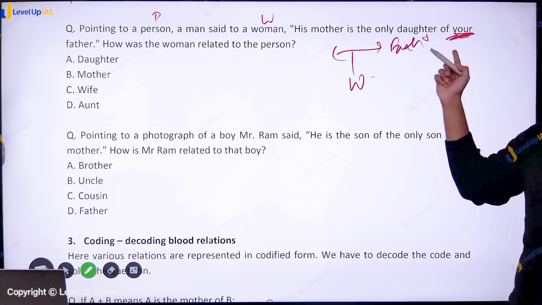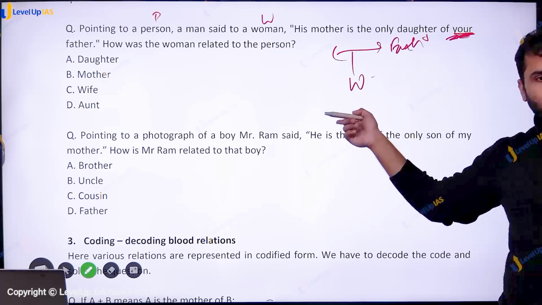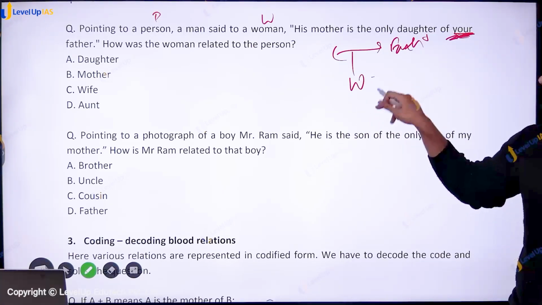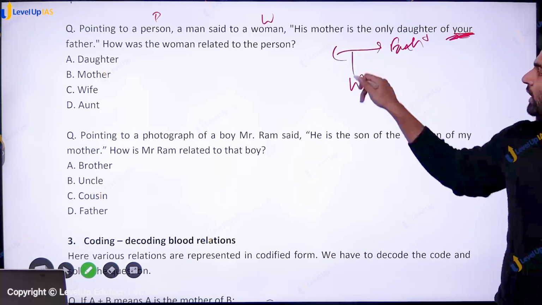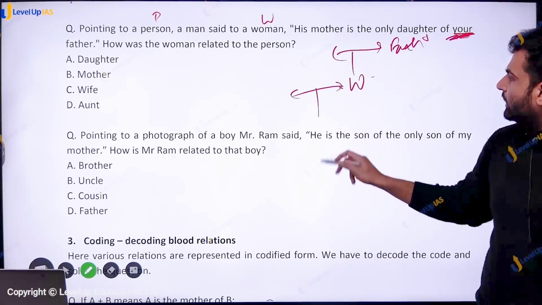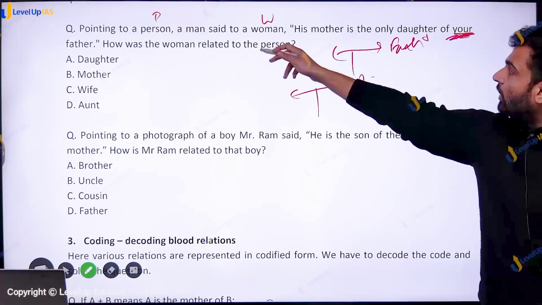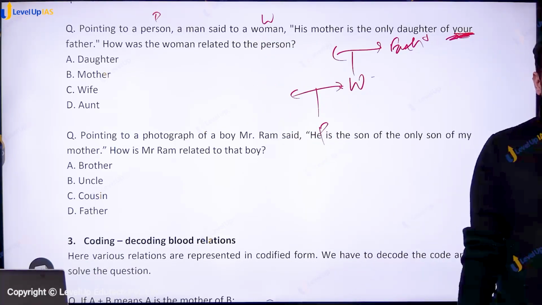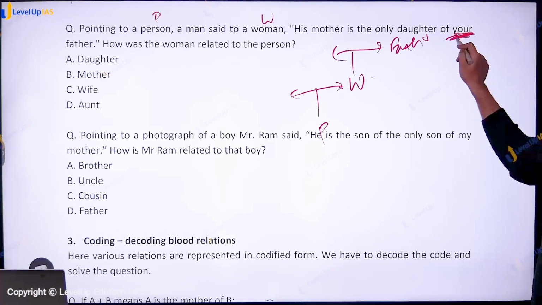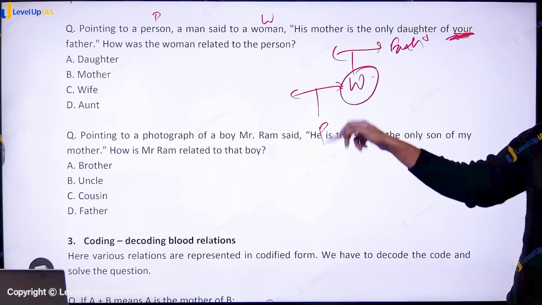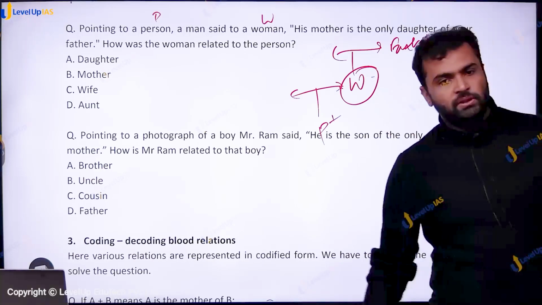Only daughter of your father. You are of course daughter of your father, but you are again only daughter, so only you are being considered here, and you are mother of someone, and that mother would be of the person. Man is saying to a person. So you start with this your and then work our way back. So how is the woman related to person? Mother.